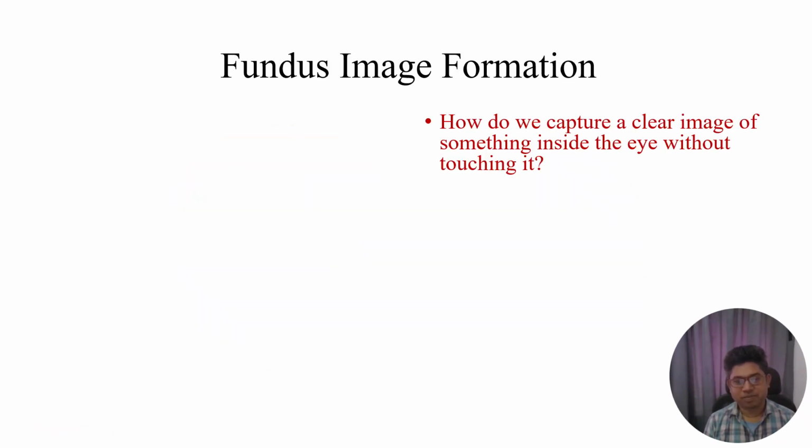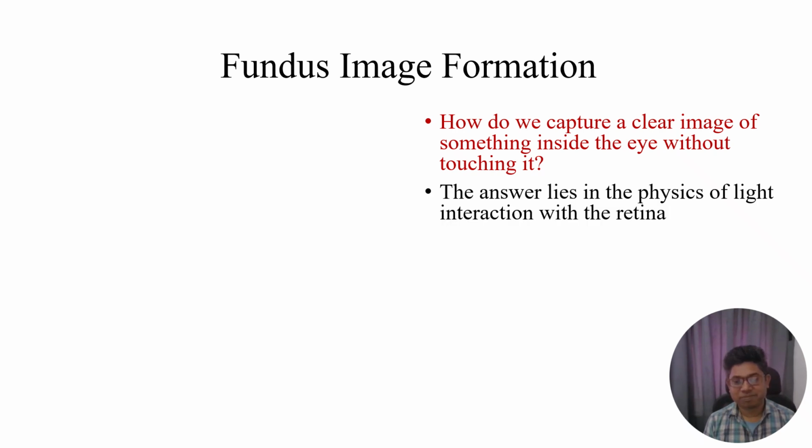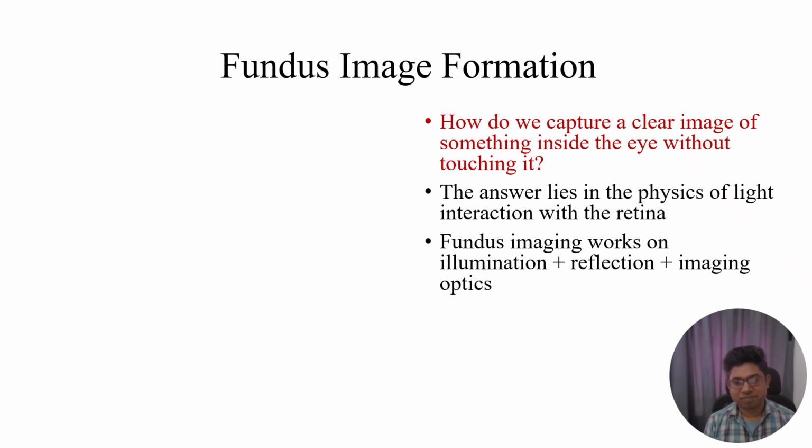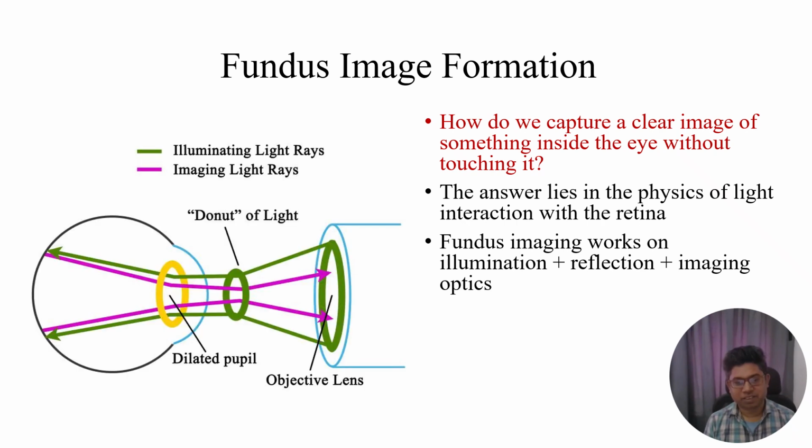So how is this fundus image formed? The question is, how do we capture a clear image of something inside the eye without even touching it? And the answer lies in the physics of how light interacts with the retina. Fundus imaging works on the principle of illumination plus reflection plus imaging optics.